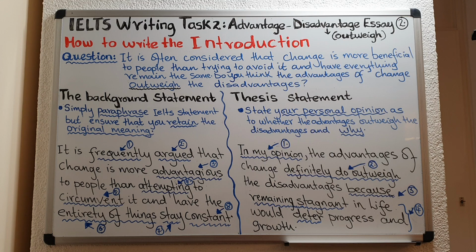So that is the reason why overall I am convinced that the advantages of change definitely do outweigh the disadvantages. Because if you choose to remain stagnant in life, then that will stop you from progressing and growing and developing in life. Okay? So when it comes to the reason, try and provide a general reason, ultimately why you strongly believe that the advantages of change outweigh the disadvantages. Okay?